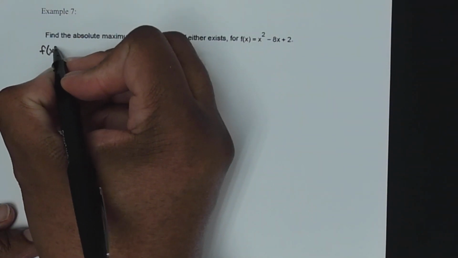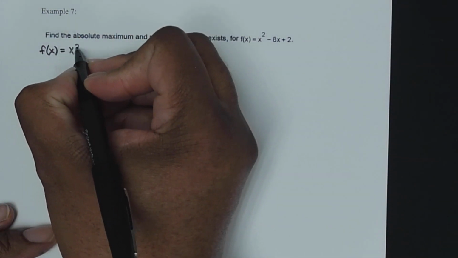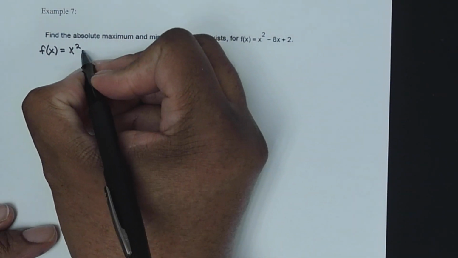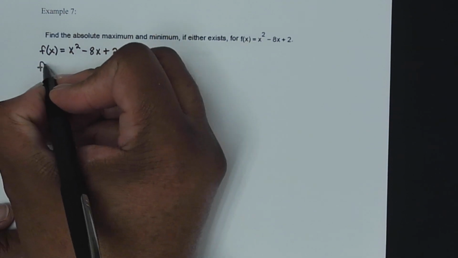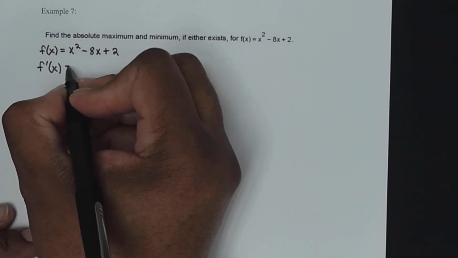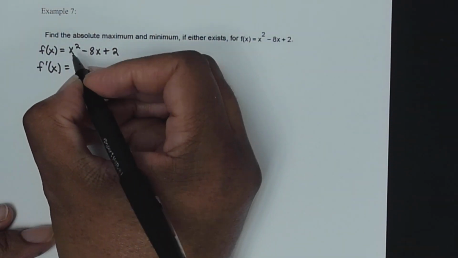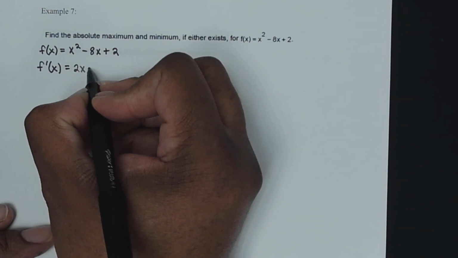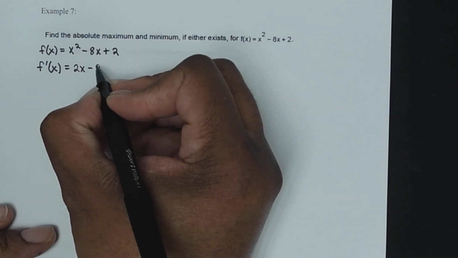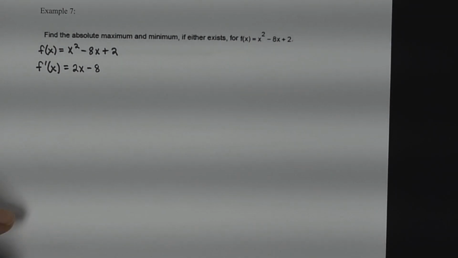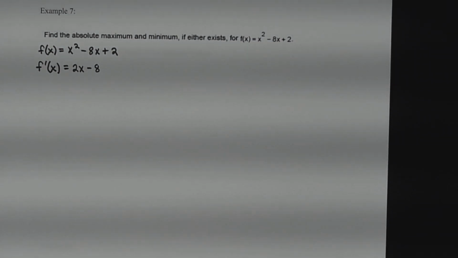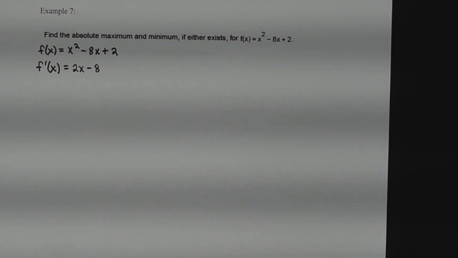Let's first find its first derivative. The derivative of x squared is 2x, minus the derivative of 8x, which is 8, and the derivative of 2 is 0. So f prime of x is going to be 2x minus 8.